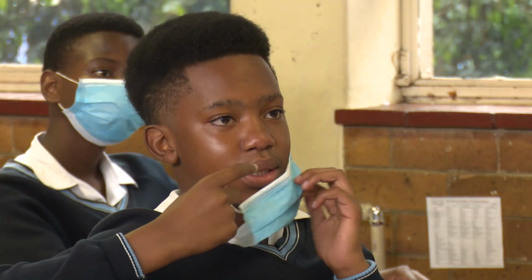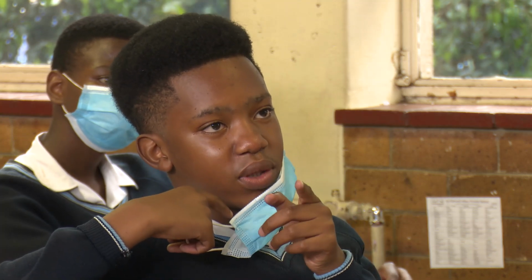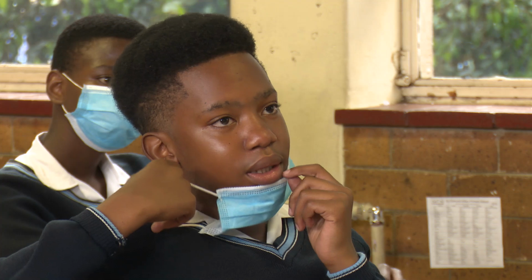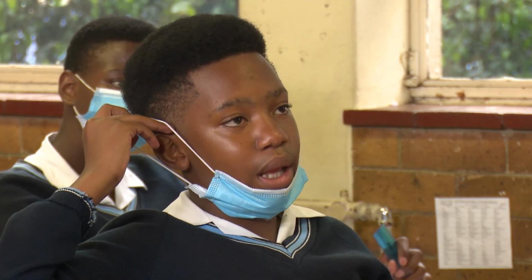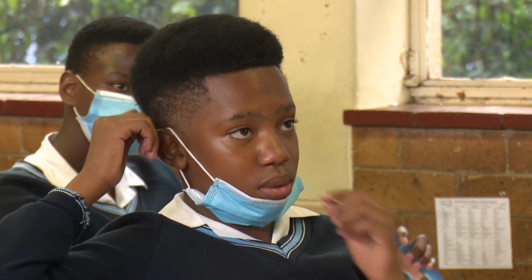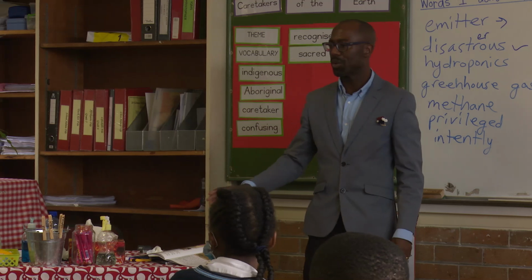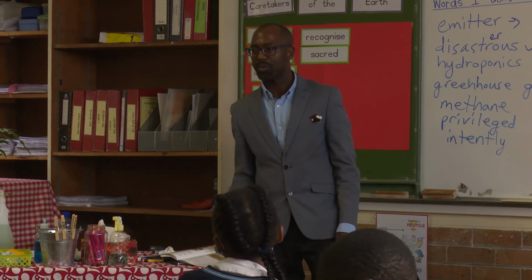So I think it's carbon dioxide, greenhouse gas, atmosphere, and radiation. I think it has something to do with the climate effect. Climate effect, okay. We'll see when we read the story whether what you are telling us is correct according to the story.